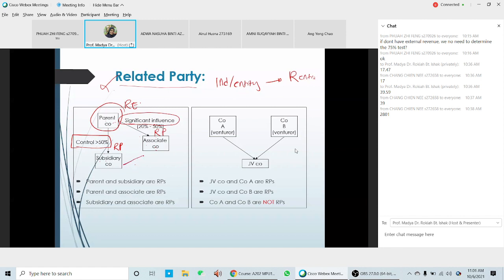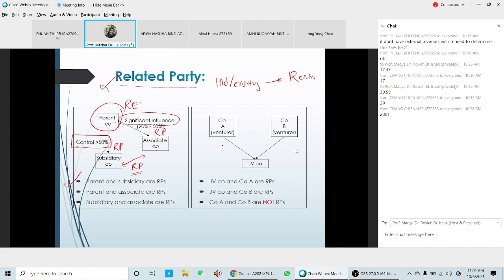Subsidiary and associate: that is a related party also, because the parent controls the subsidiary and also has a significant influence over the associate. So both are considered related parties. Be careful with this one. Make sure that you understand this.